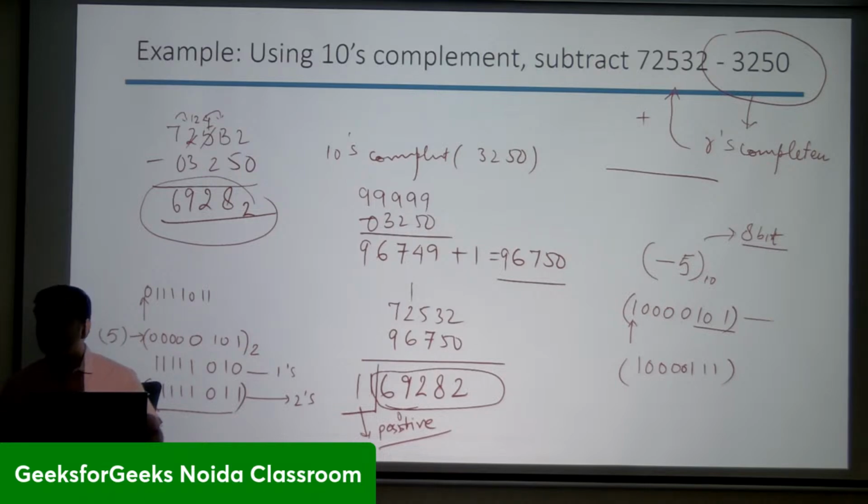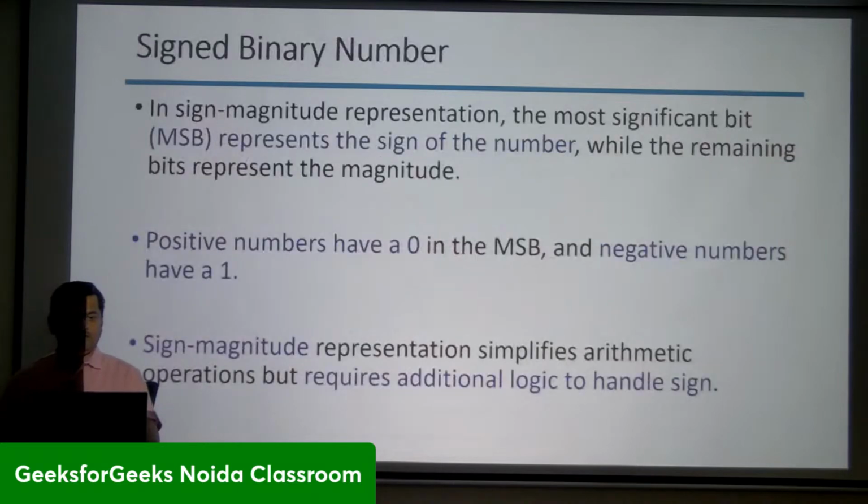All right, any doubt? Anyone has any doubt in this? All right. So signed binary number, the sign magnitude is represented in most of the cases that MSB is representing the sign of the number.